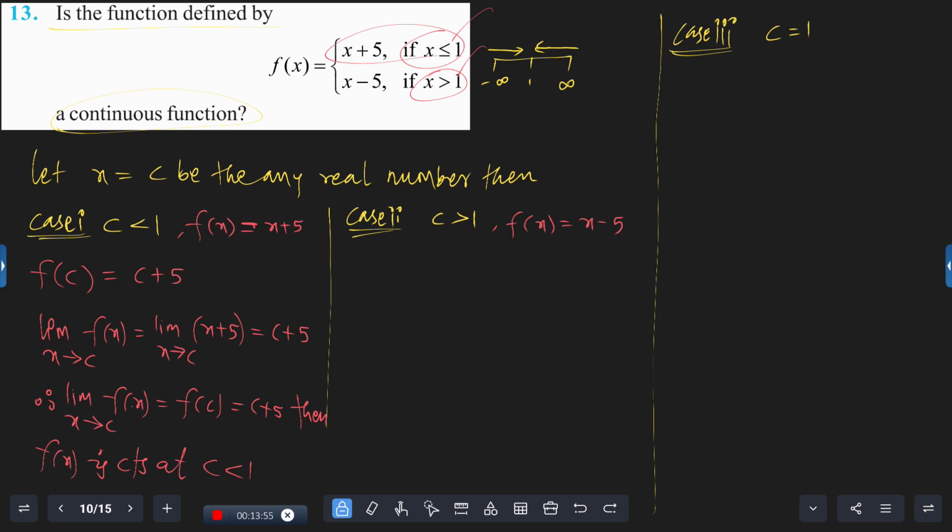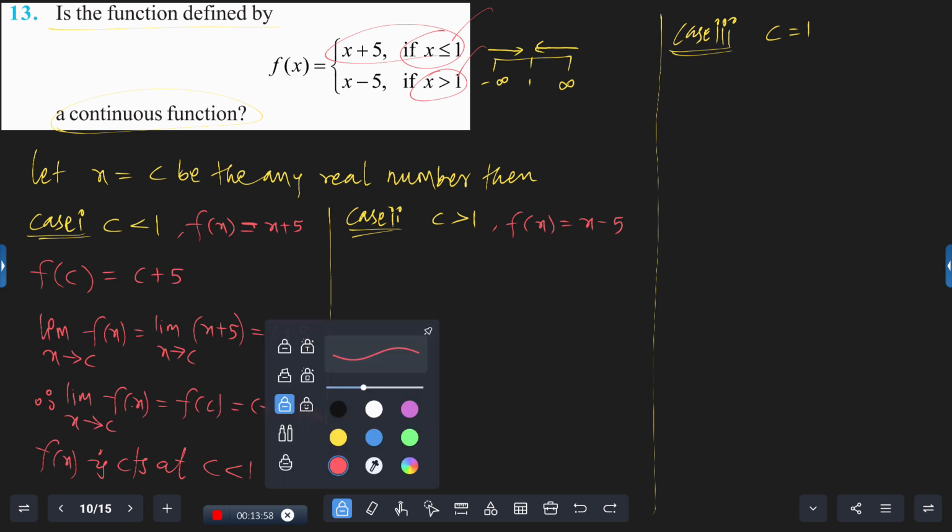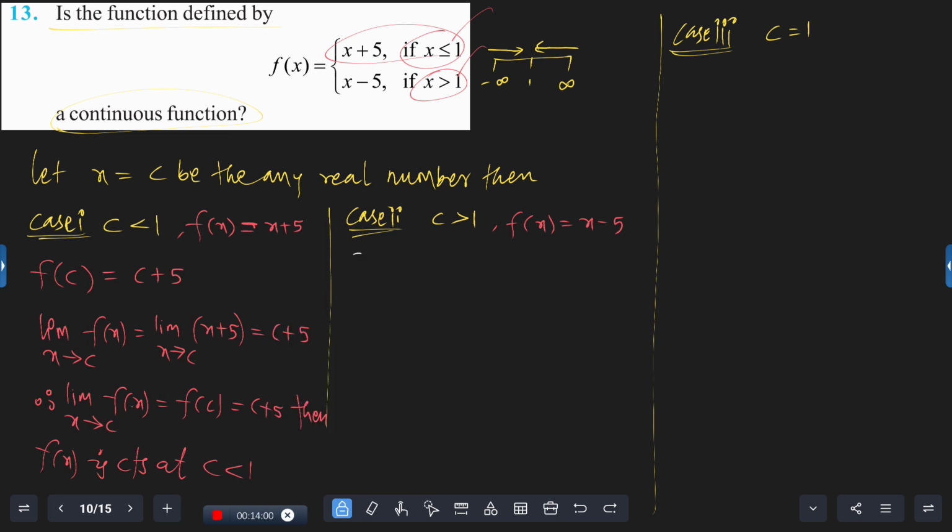Understand? Right. Like that, case number 2. Case number 2, what is given? Function value, f of C is equal to, so x minus 5 is our function. Directly instead of x we will be replacing the C. So C minus 5. And limit value, limit x tends to C, f of x is equal to x minus 5.